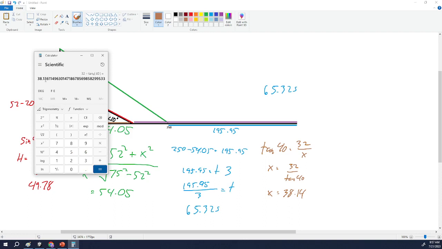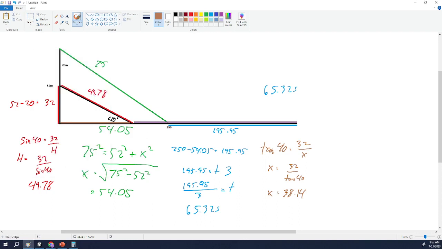38.14, carry. Now we have to round it up. So our actual distance is 250 minus 38.14 plus the slope, 49.78.